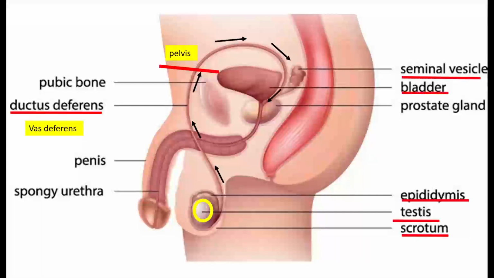Here it is joined by a duct of a gland called the seminal vesicle. There are two seminal vesicles, one on the right and one on the left. These seminal vesicles add secretions to the seminal fluid in which the sperms are running.